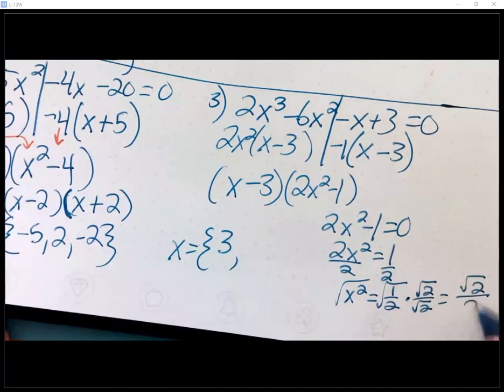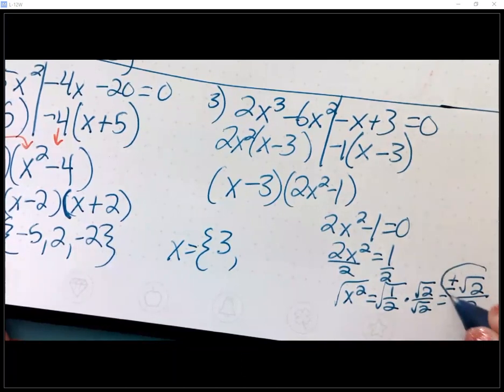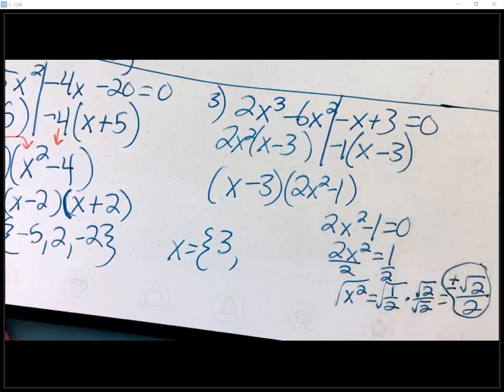And when I take a square root, what do I need to remember? When I take a square root in a problem, I need to remember plus minus. These are my other two answers, positive and negative root 2 over 2.